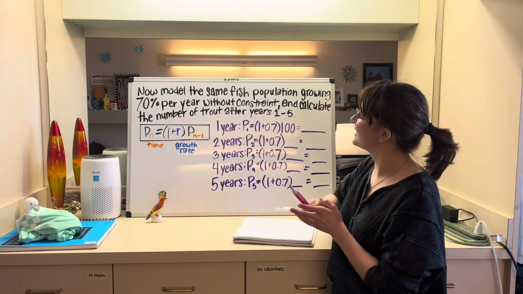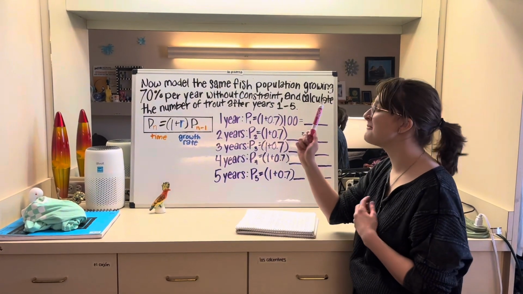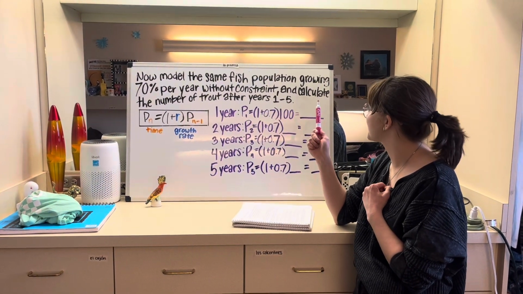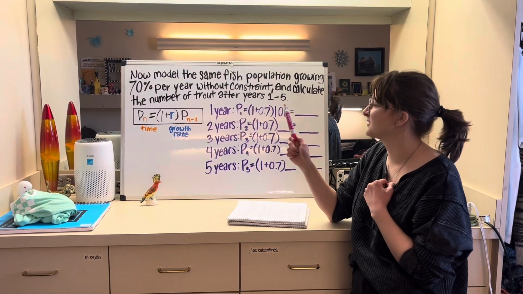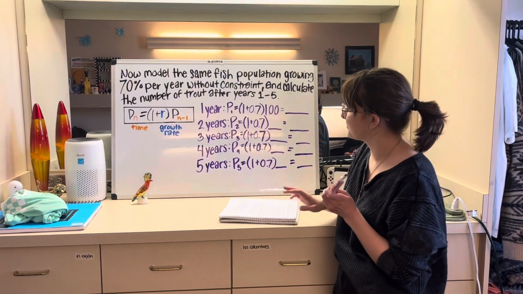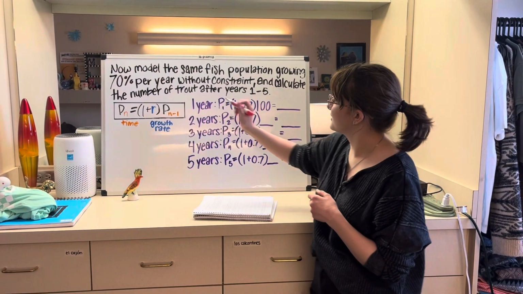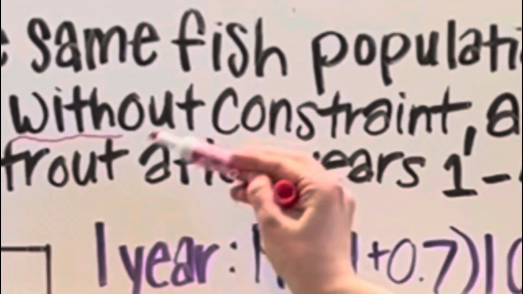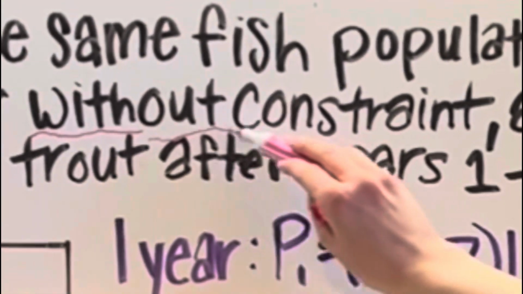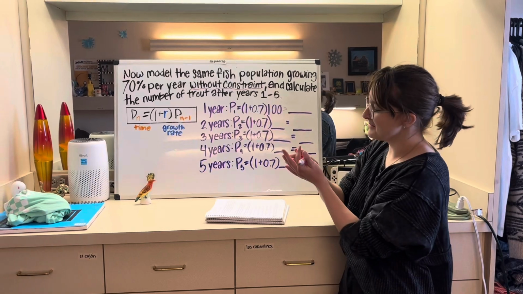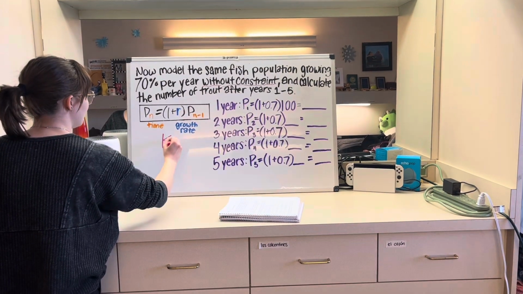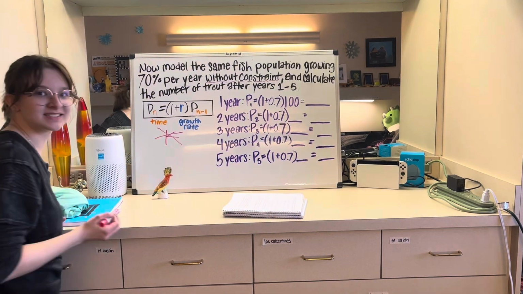Okay, now model the same fish population growing 70% per year without constraint and calculate the number of trout after years 1 through 5. And this time, without constraint, means that there is no carrying capacity.